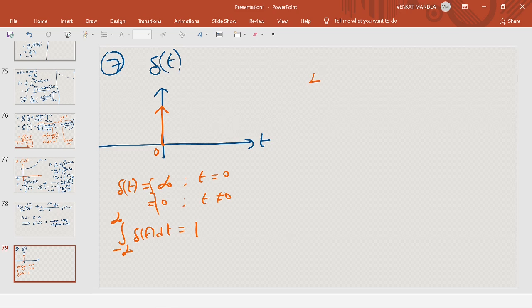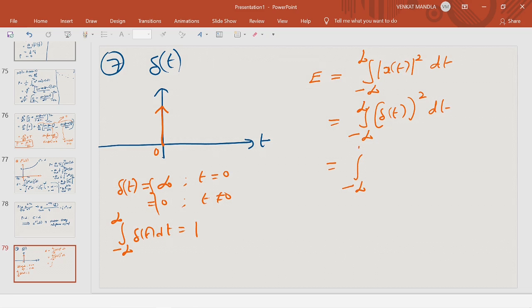So I will find the energy. Energy equals the integral from minus infinity to plus infinity of magnitude of x of t whole square dt, that equals the integral of del of t whole square dt. I will write this as the integral from minus infinity to plus infinity of del of t into del of t dt.